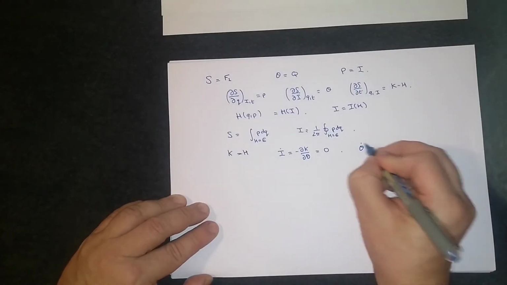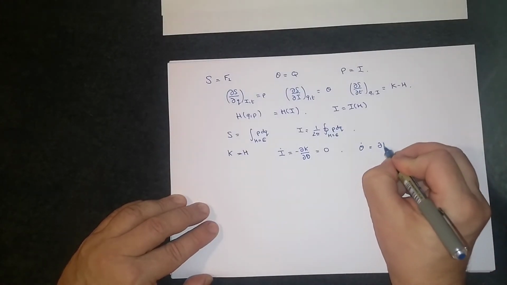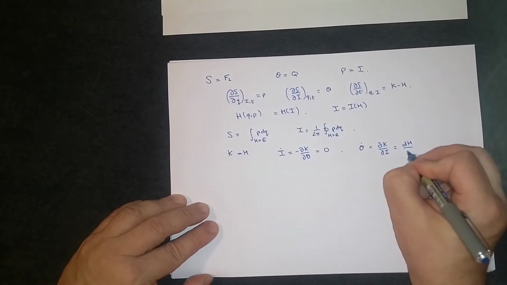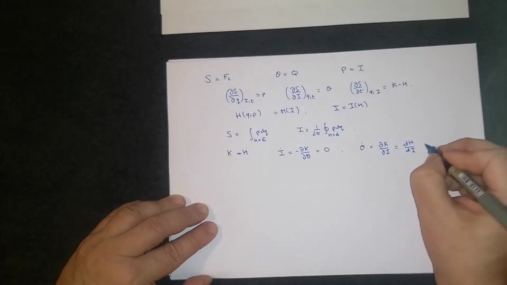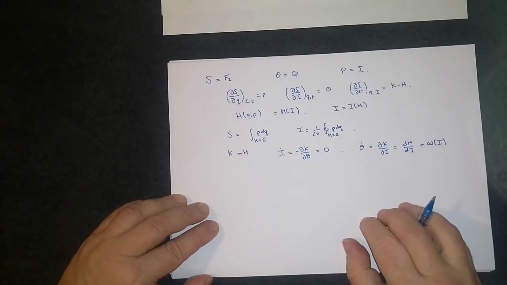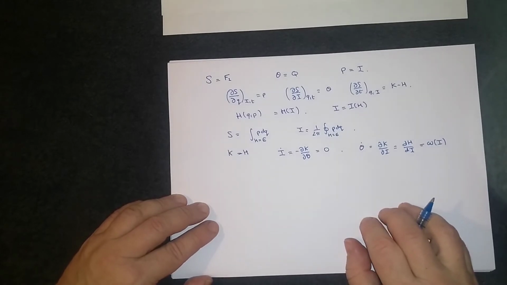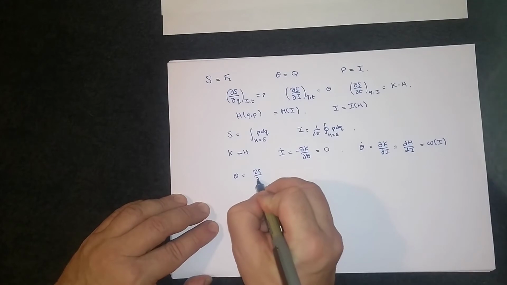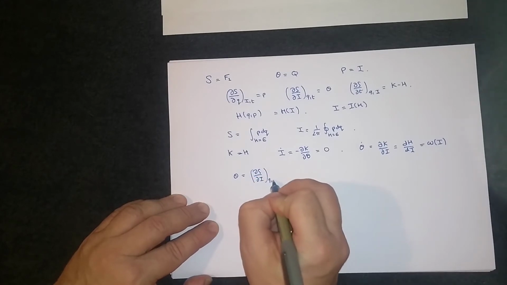Now theta dot is dK by dI, which is the same thing as dH by dI, and that's just some function of I, we call it omega of I. Now theta, if you recall, here is dS by dI at constant q and t.